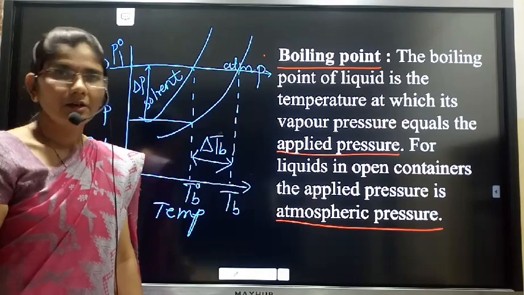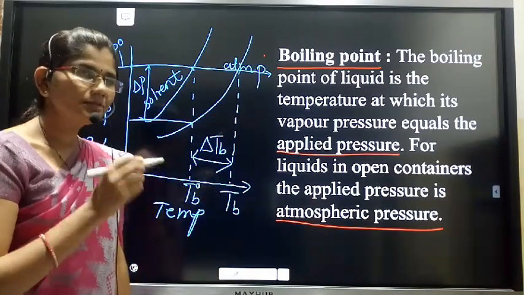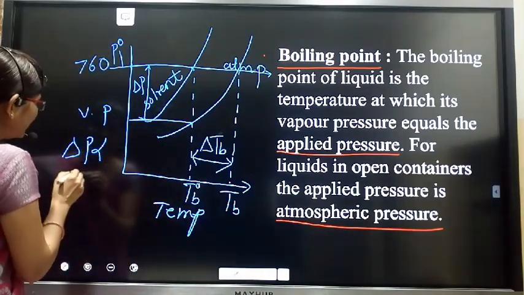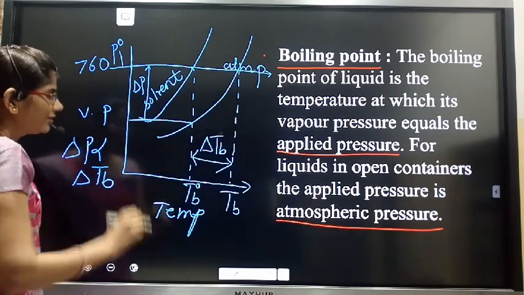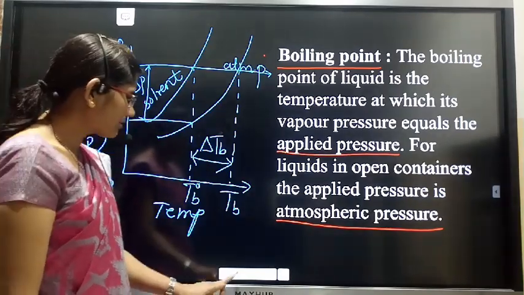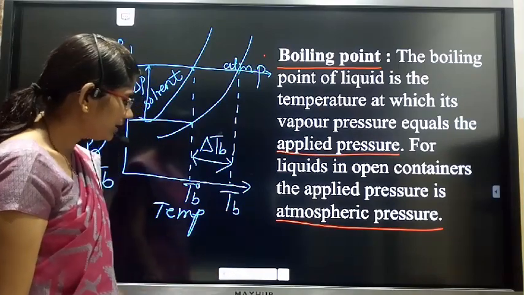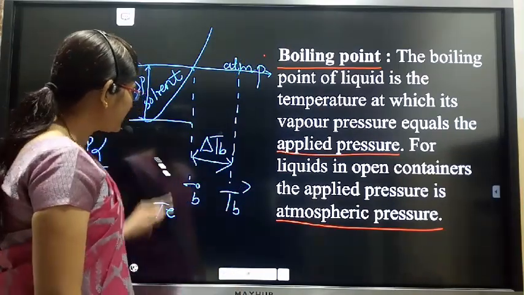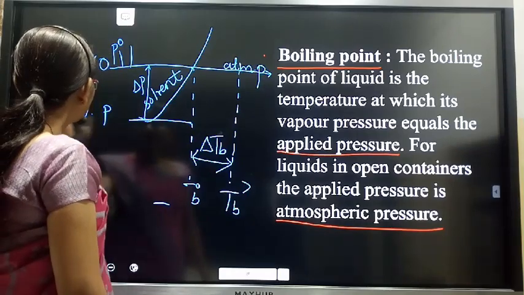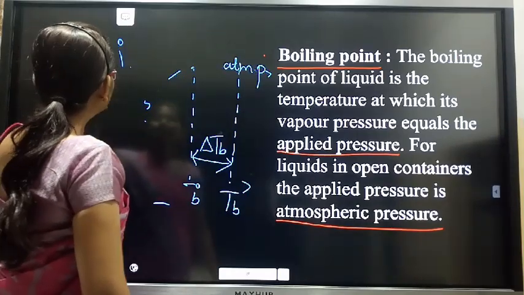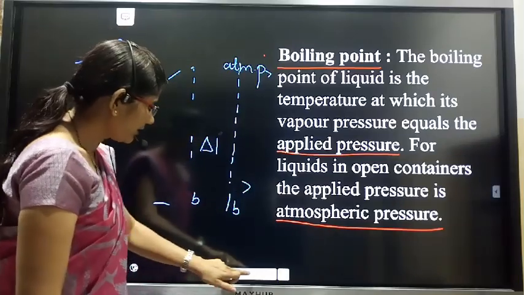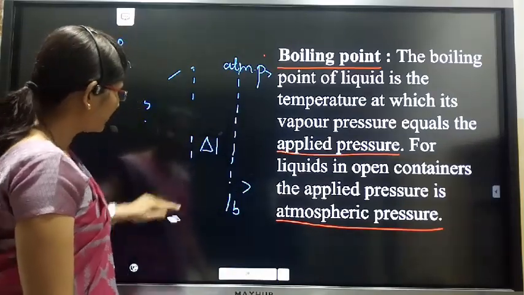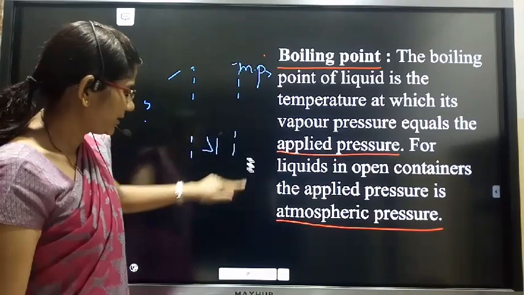So here delta P is directly proportional to delta Tb, where delta Tb is called the elevation in boiling point.